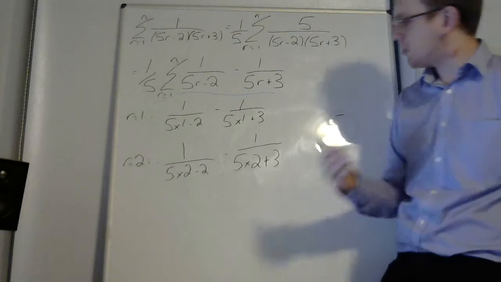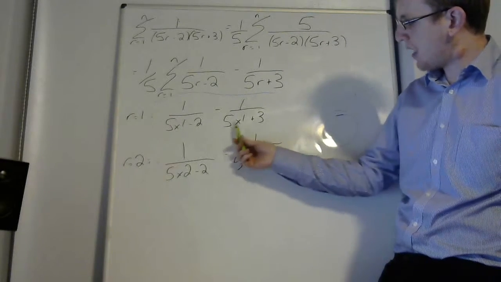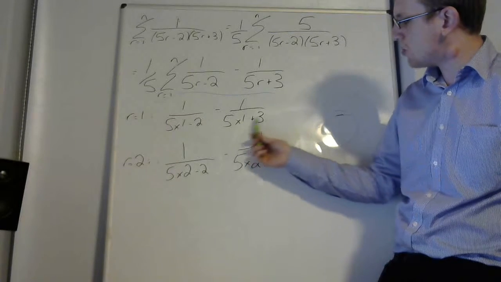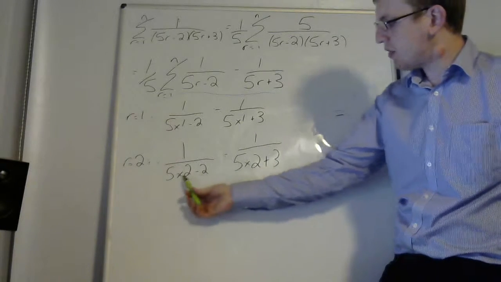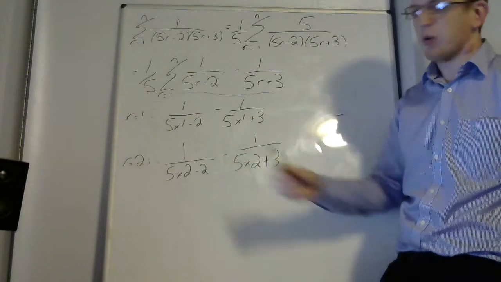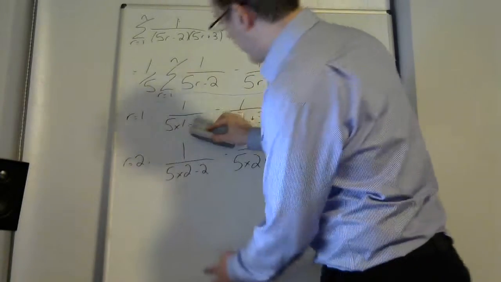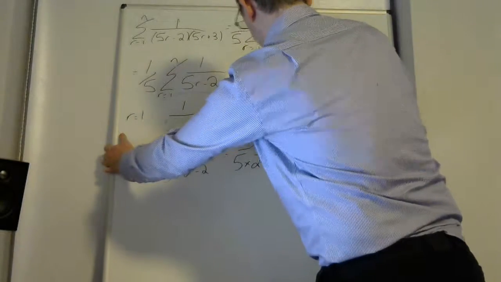Sometimes it works out. I don't think it has done here. Because what we have is 5 times 1 plus 3 will be 8, 5 times 2 minus 2 will be 8. These two fractions will be the same and will cancel out with each other. I need to make that clear though, so I am actually going to write in what my denominators are.